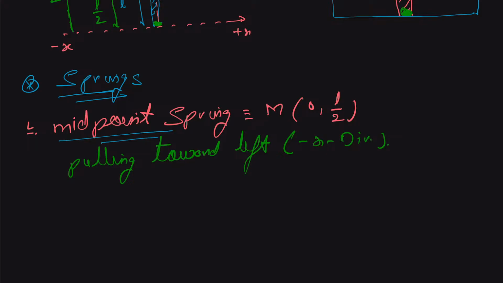We are only talking about the midpoint spring, so it is pulling towards our left side, and its fixed end is at minus S1 comma L by 2.